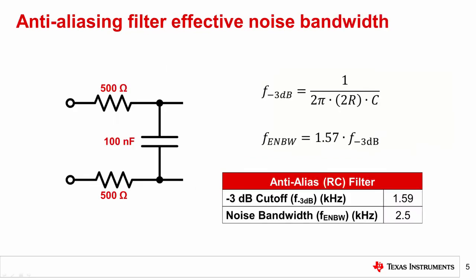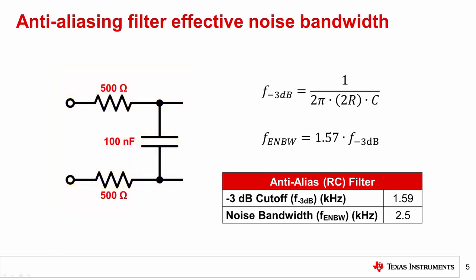The anti-aliasing filter for the ADC is a simple RC filter, so you can use the equations from the previous module to determine its cutoff and effective noise bandwidths. These equations are shown on the right. For this example, typical resistor and capacitor values were chosen, though other choices are acceptable.